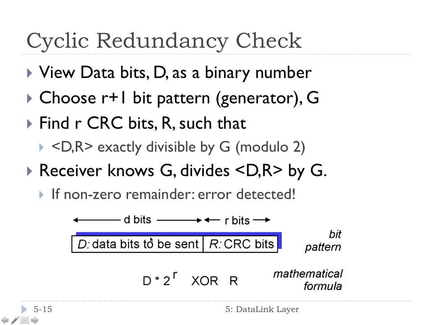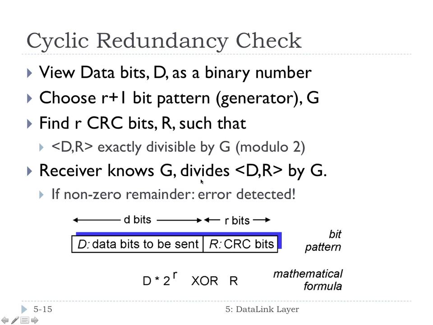What that means is that if we put D and R together and make that one long binary number, DR, we want to find that R such that it's exactly divisible by G in this arithmetic, modulo 2 arithmetic.